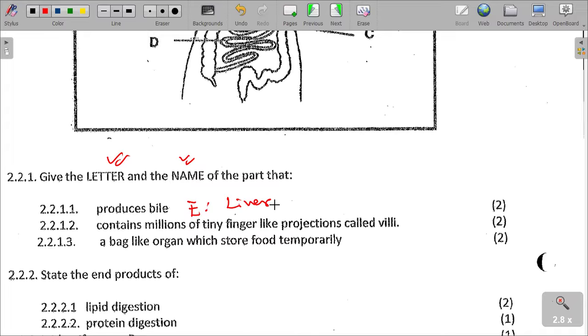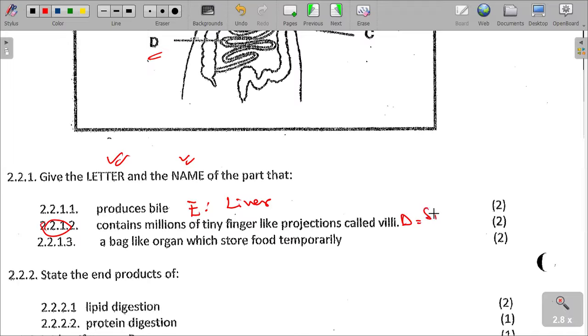Next: which part contains millions of tiny finger-like projections called villi? It is the small intestine, which is D.